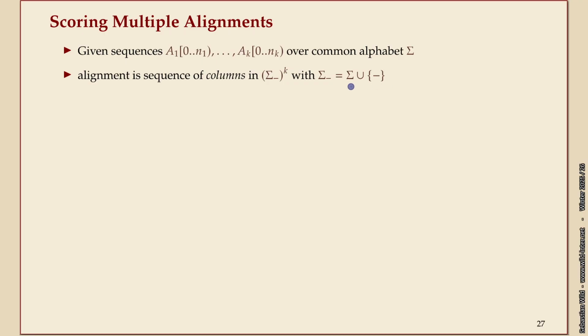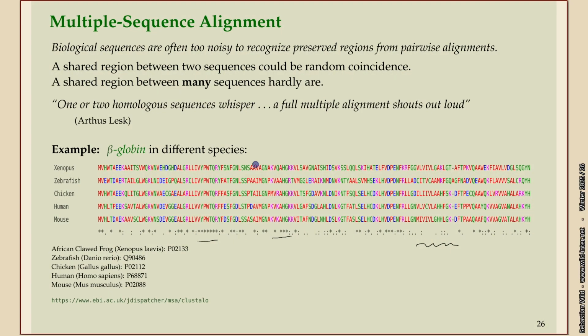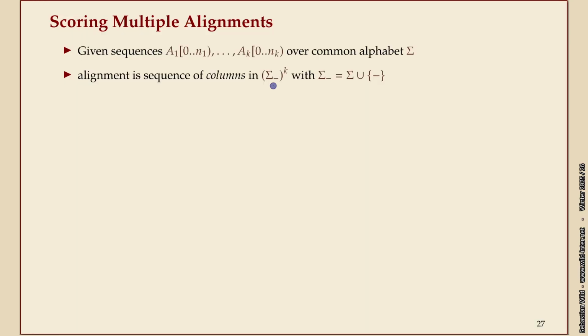So I'm taking the alphabet, add this gap character, that's my sigma minus or sigma gap, and I'm taking columns of K of these symbols, and then a sequence of these columns, that's an alignment. Right, so in this picture, any of these 5 tuples here, that would be one of these entries, and then the alignment is just a string of these columns.